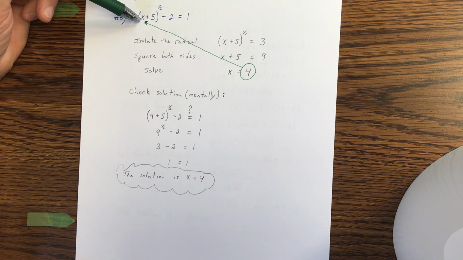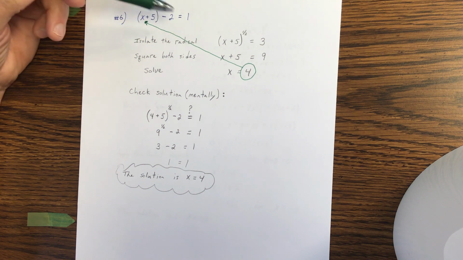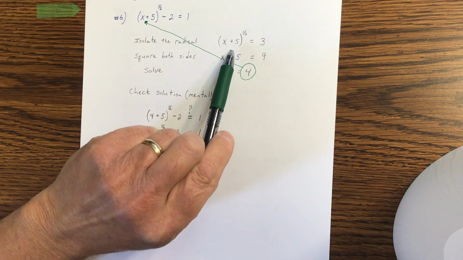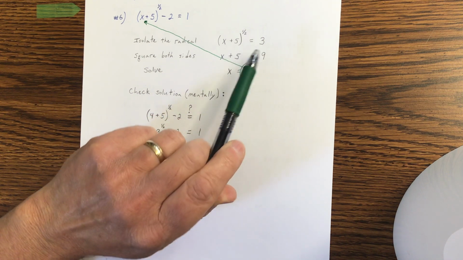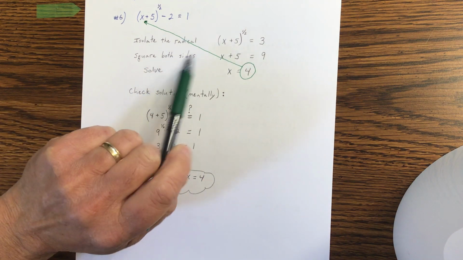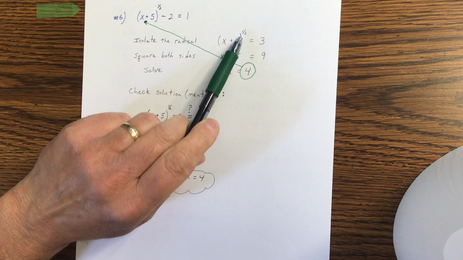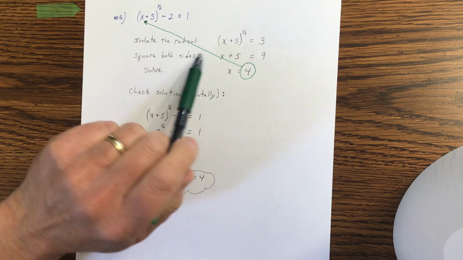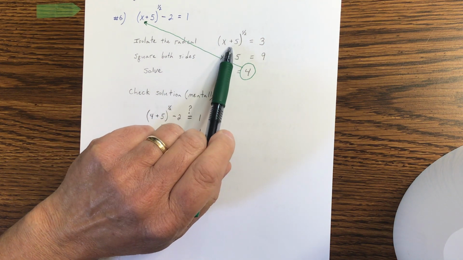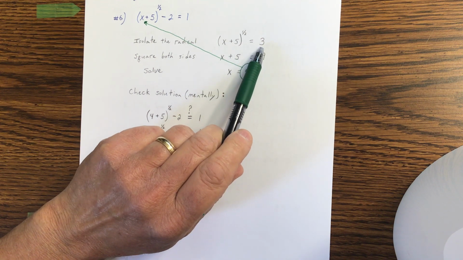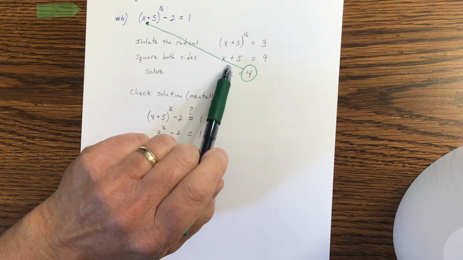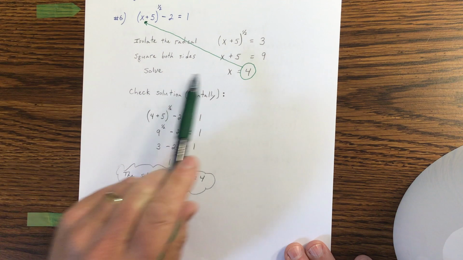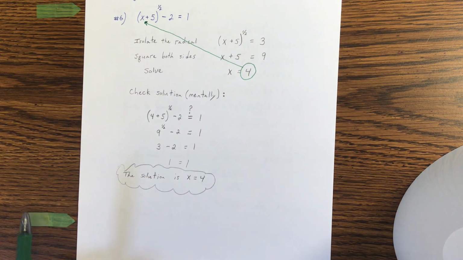So the first thing you want to do is isolate the radical, so we're going to add 2 to both sides. Then you get rid of your square root by squaring that side. And since we square the left side of the equal sign, we must square the right side. So we're left with x plus 5 equals 9.